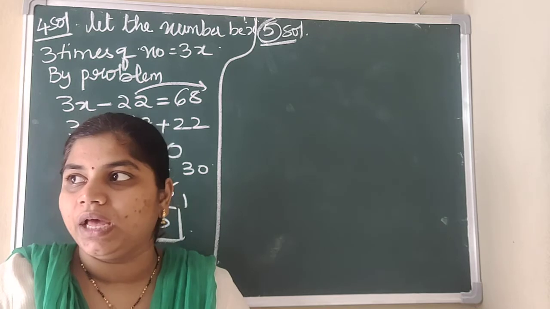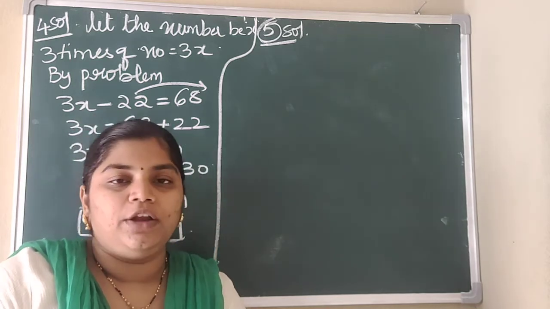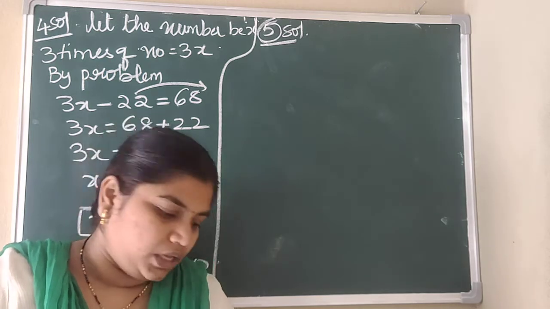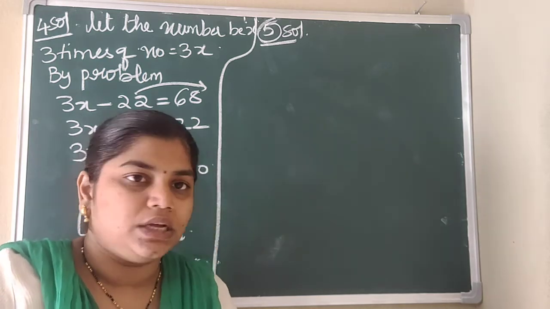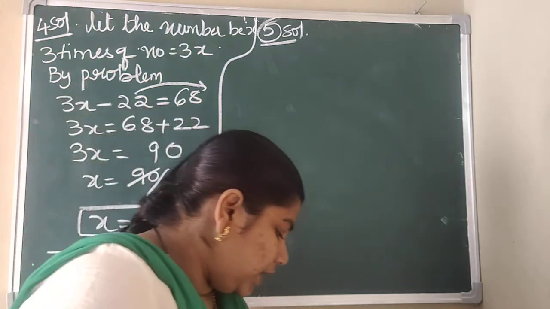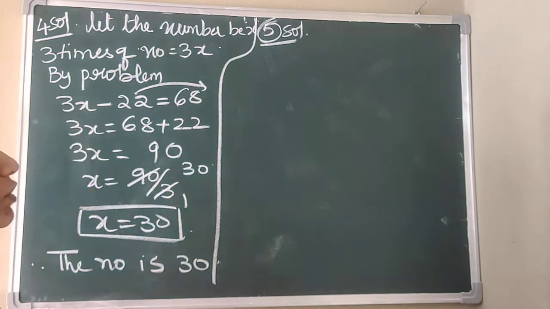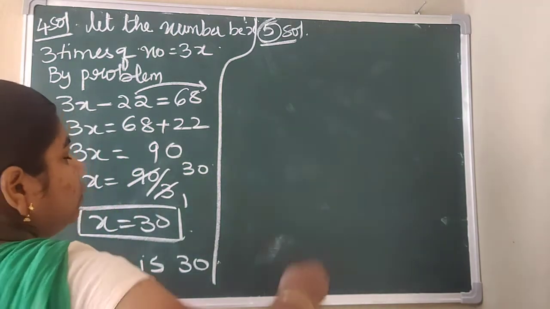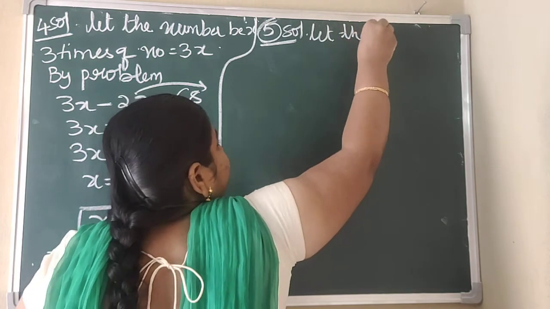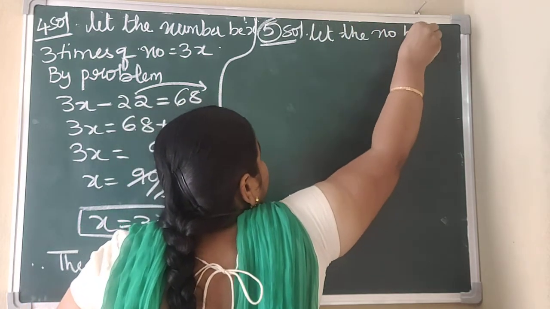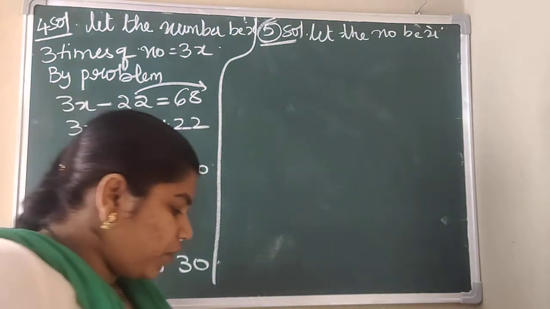So if you are multiplying any number by 7 and you are reducing that by 3, so what is the number? The result will be 53. So here let the number be, what do we have to take? Let the number be x again. You can take any other alphabet also. So let the number be x. Okay, so now what do we have to find?